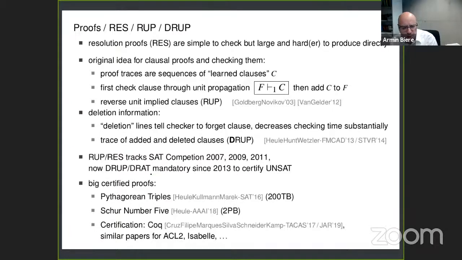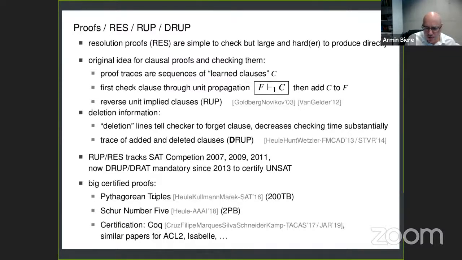But anyhow, there were some big proofs done this way. The first very big one was the one by Marijn. There was actually something before on Erdős. I forgot to put that here, but they didn't use the DRAT proof system. And then the largest one here is this Schur number 5 with 2 petabytes. What's even more interesting, I think this is why this is so important, is we now have certified proof checkers for this proof.